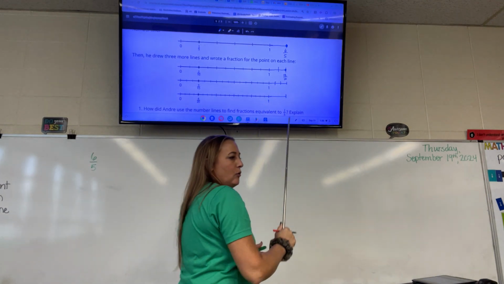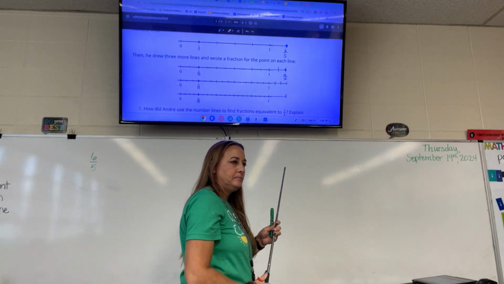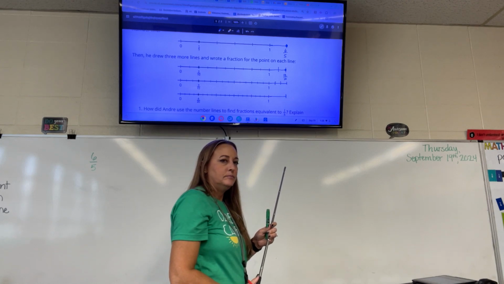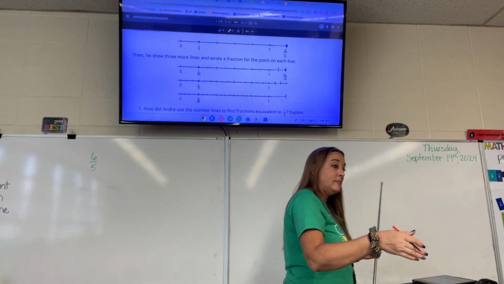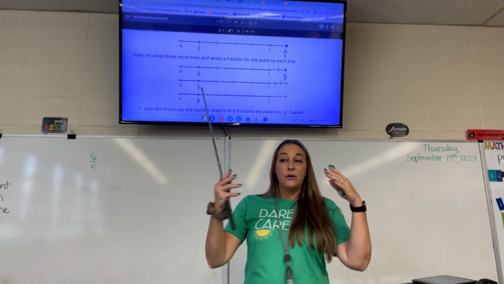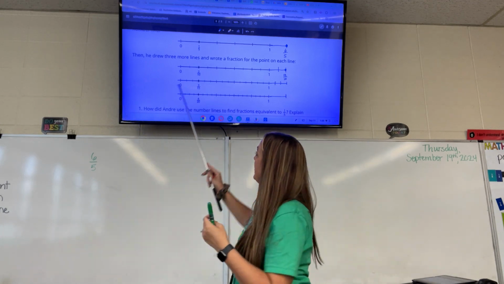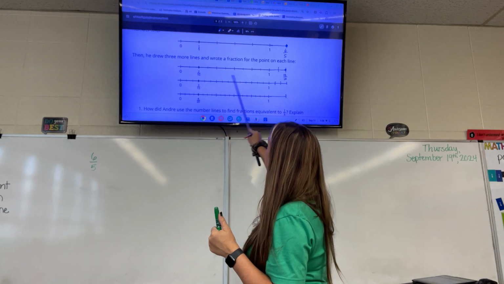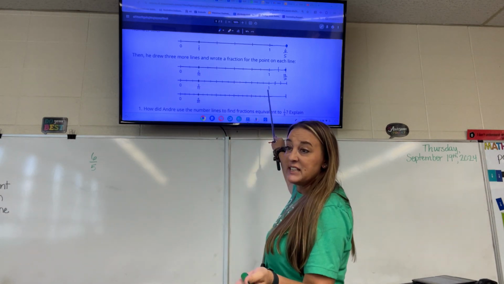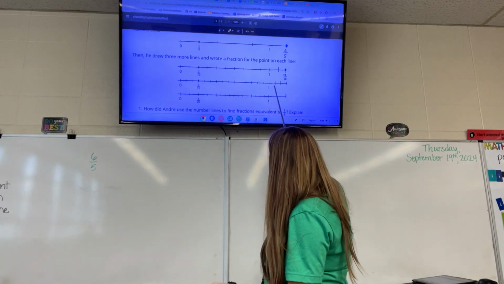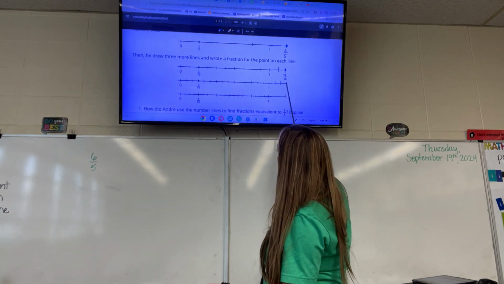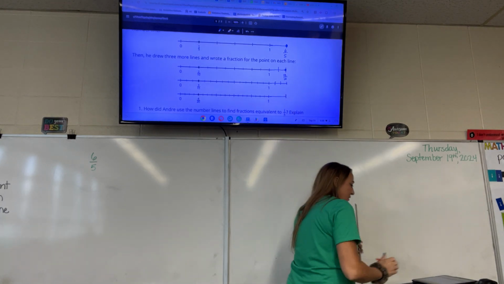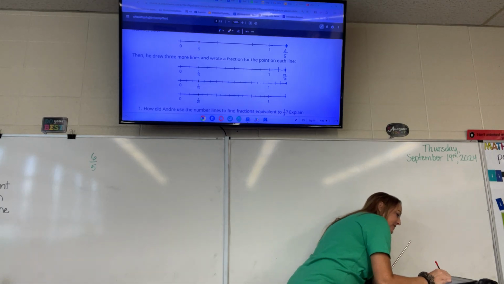So what would 1 whole be? If the denominator is 15, 15 fifteenths, right? Because when you have 1 whole, it's the same number on top and bottom. So 1 whole would be 15 fifteenths. 16 fifteenths, 17 fifteenths, 18 fifteenths. There you go. 18 fifteenths is right here.